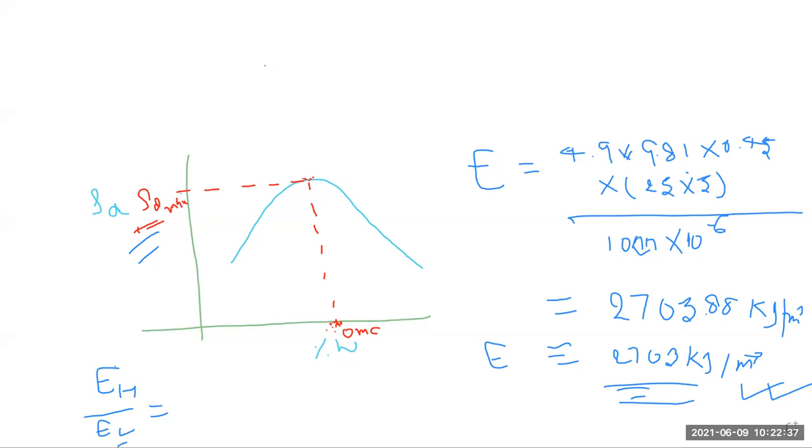What is the value? EH equal to 2703 kilojoule and EL equal to 593. So what is the value? 4.55. Okay, 4.55. This is the ratio of EH and EL.